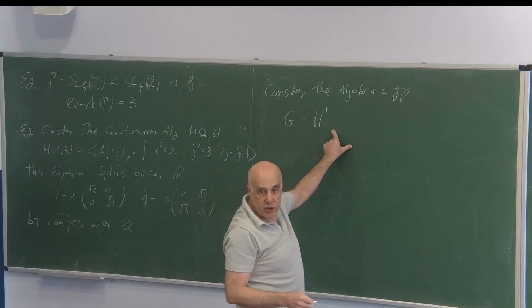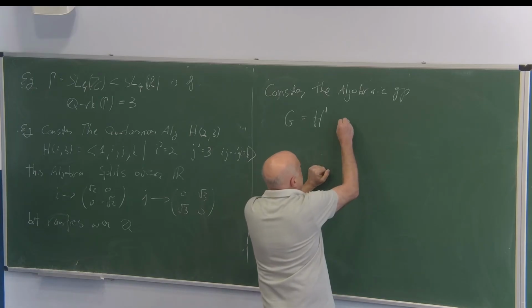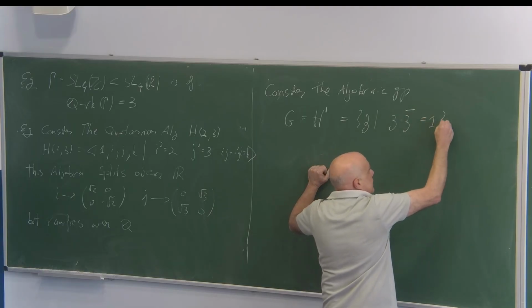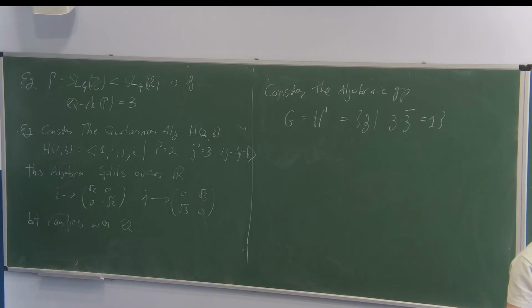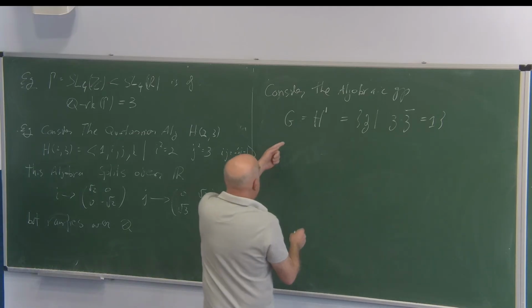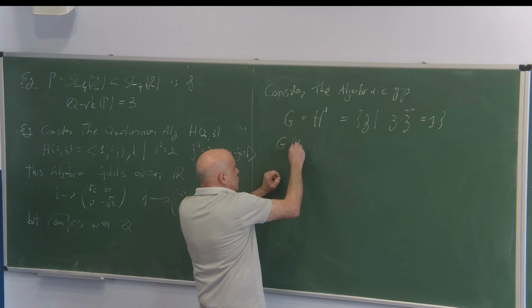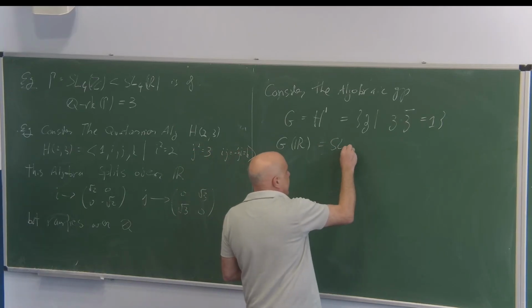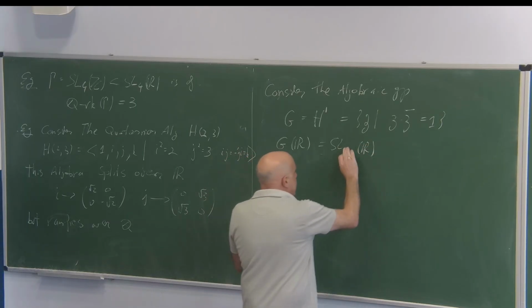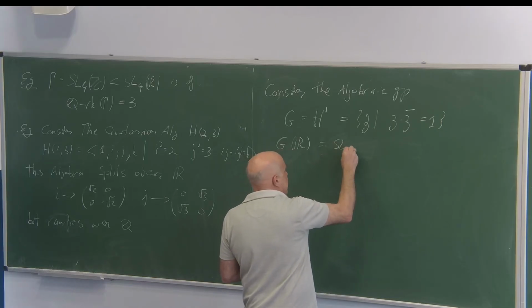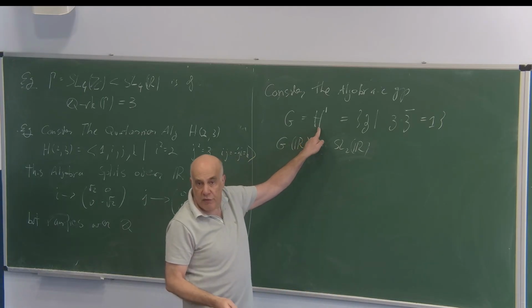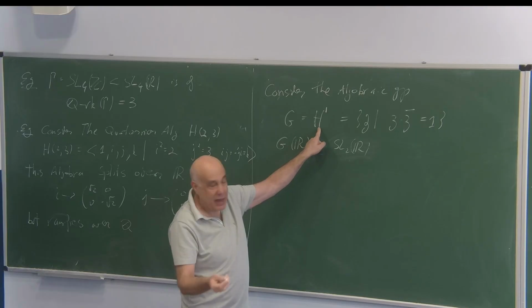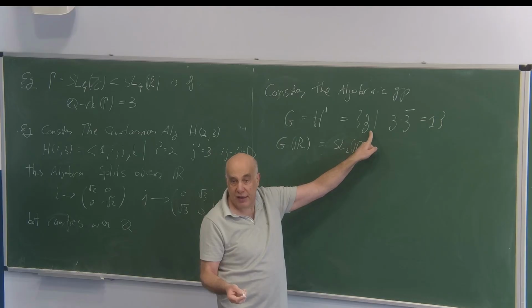I'm just looking at all the quaternions z such that z times z bar is 1, that have a reduced norm 1, and this is a nice algebraic group whose R points will just be SL2 of R, because over R this is just the matrix algebra, and I'm taking basically just these elements that have determinant 1.